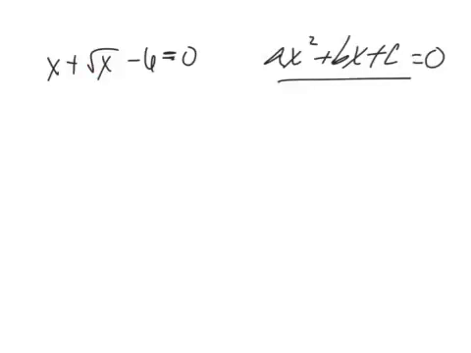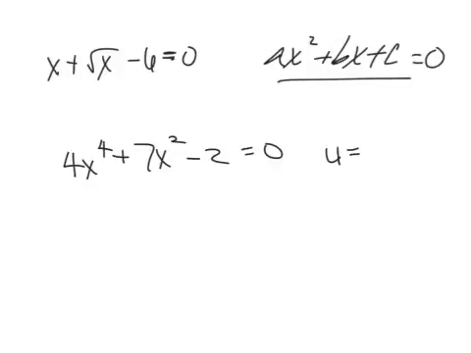So for instance, remember on the last one, I had 4x to the fourth plus 7x squared equals 2, or we made it minus 2 equals 0. And we said u equals what? U equals that.